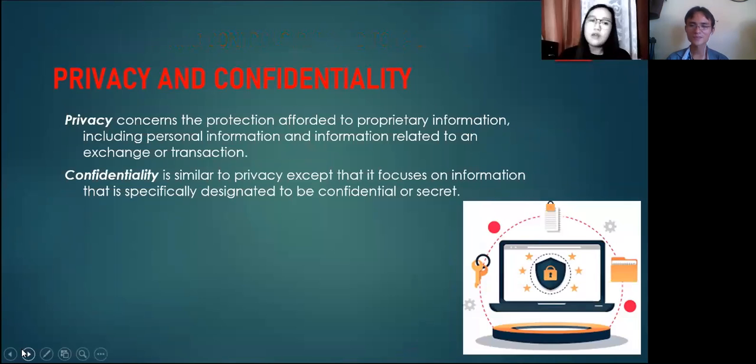Privacy concerns the protection afforded to proprietary information, including personal information and information related to an exchange or a transaction, while confidentiality is similar to privacy except that it focuses on information that is specifically designated to be confidential or secret.